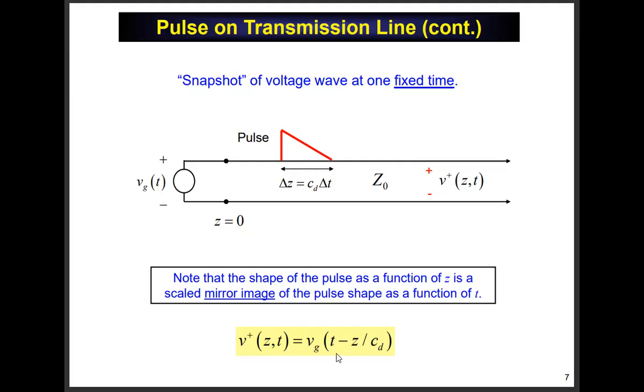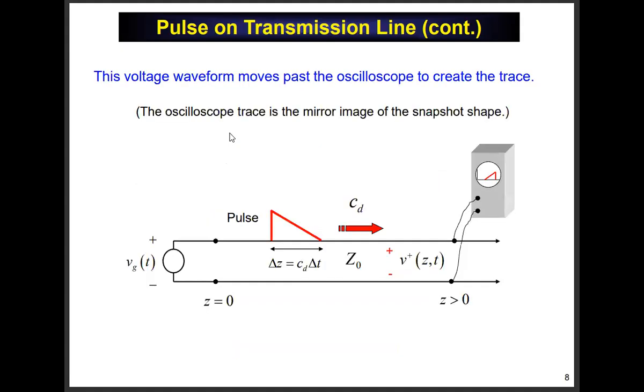Now, what if I'm doing a snapshot like this, and I freeze time, call it 0, whatever you want, but it's frozen, and now I'm changing z. If z gets bigger, what is this argument inside the parentheses doing? Time is fixed, but z is increasing, going this way. What is this argument doing? Getting more negative. So I'm going this way in the waveform, right? This way in the plot. See that? That's all it is. So yes, it has to be the mirror image.